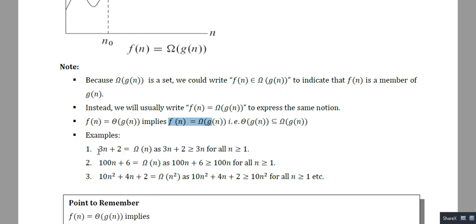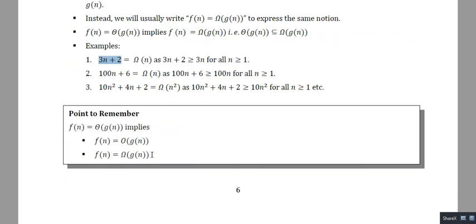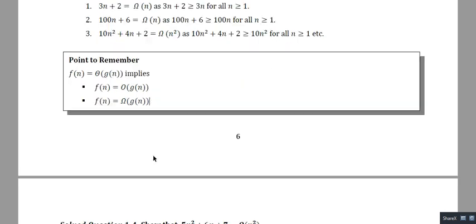Similarly to big O notation, you can verify all these things. Here the f(n) value should be greater than or equal to c into g(n). The target is to find the suitable values of c and n0, right? So you just go through this example. Because theta notation gives us both asymptotic lower bound and upper bound, both things will happen.